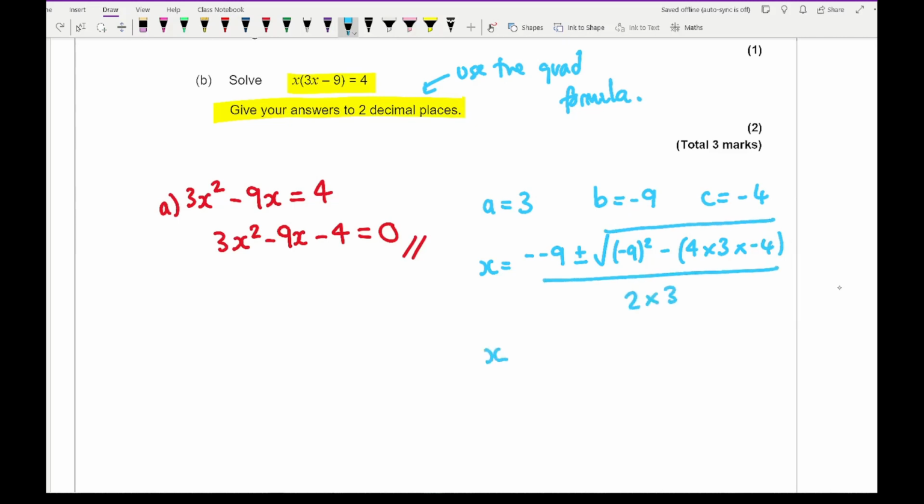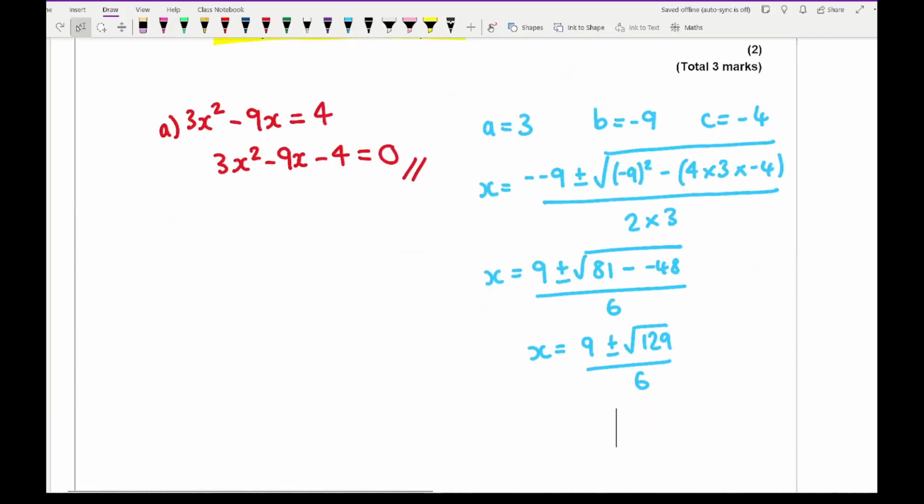So then simplifying all of this, I end up with 9 plus or minus the square root of 81 plus 48, all divided by 6, which leaves me with 9 plus or minus the square root of 129, all divided by 6. And that's then what I type into my calculator.